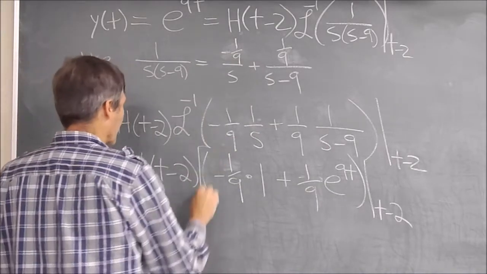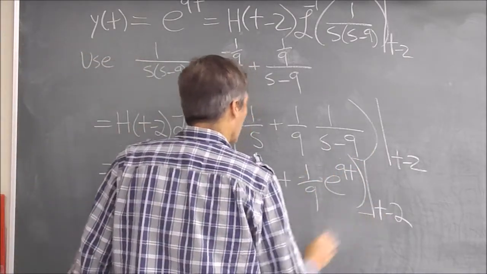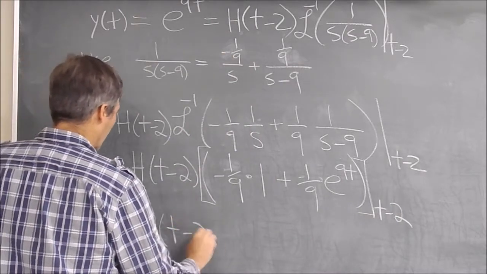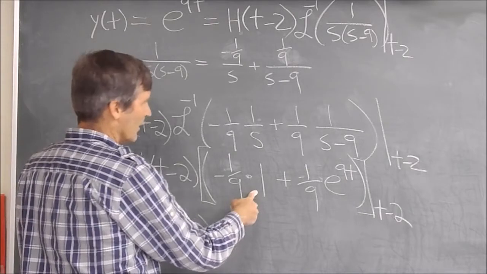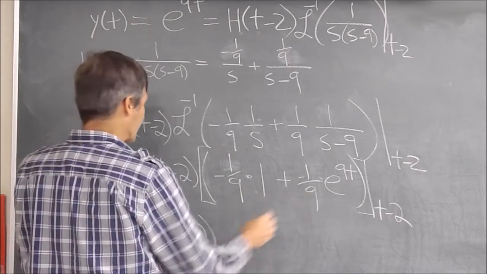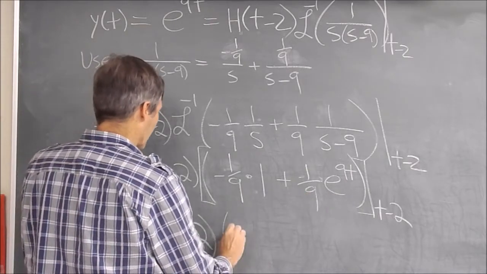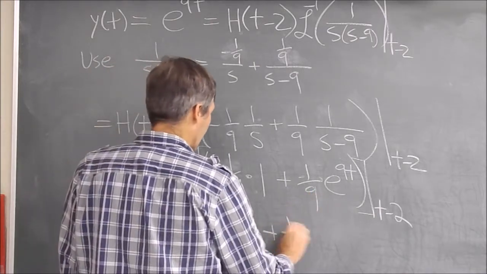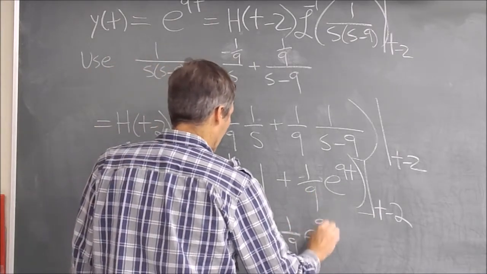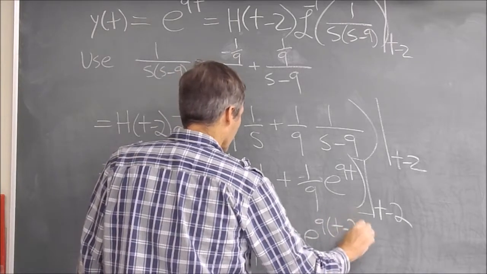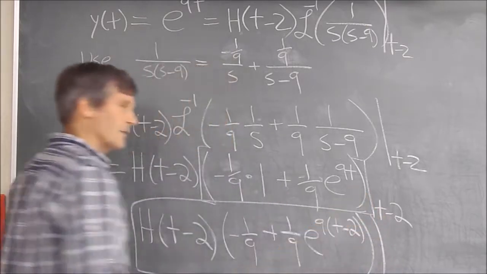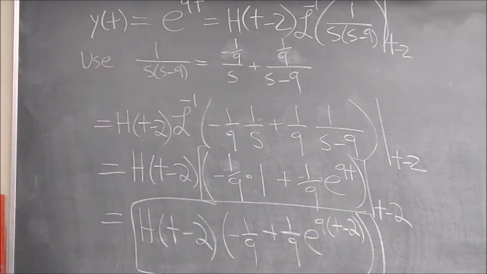I should put this in brackets, not this part. Well, this one shifted to t minus 2, there is no t, so it's still minus a 9. And this one, you just replace t by t minus 2. It's e to the 9 times t minus 2. There's the solution to this initial value problem.